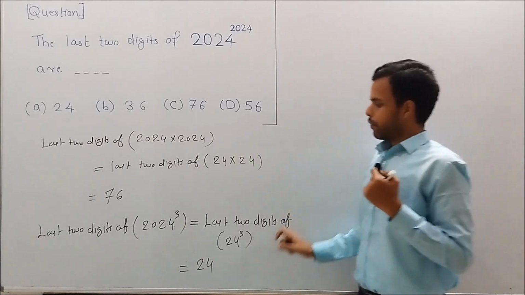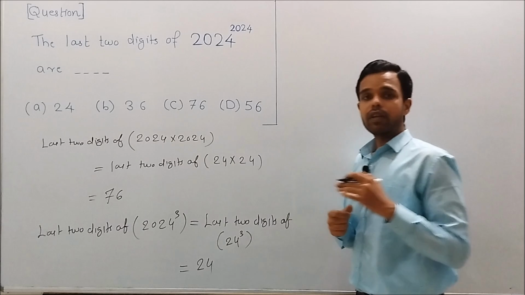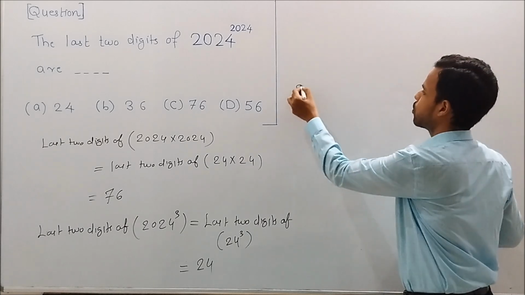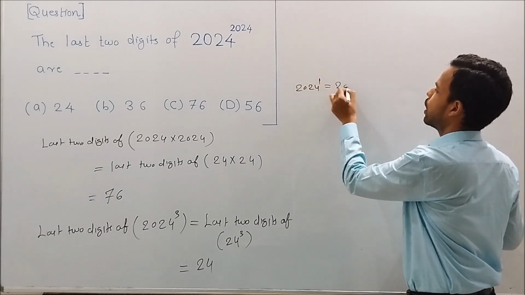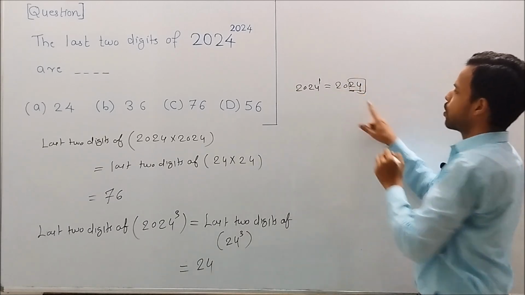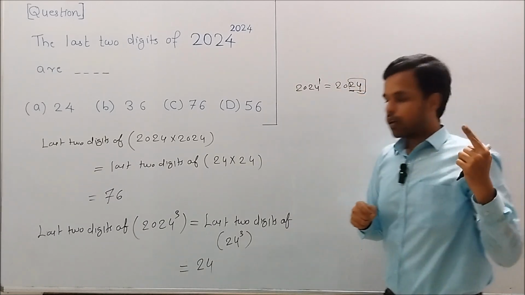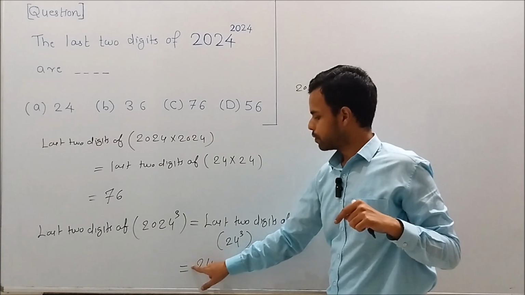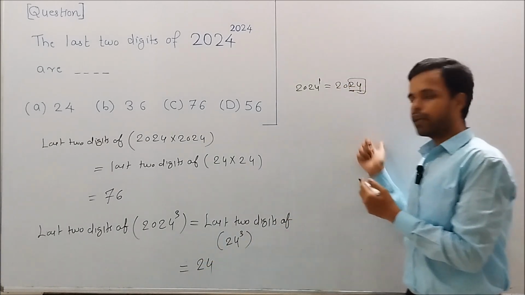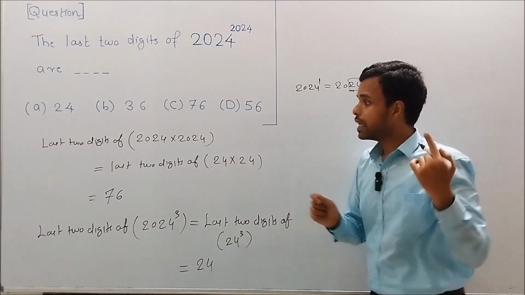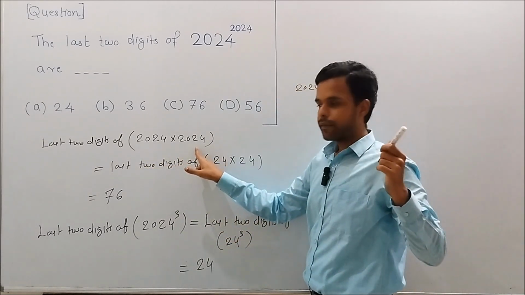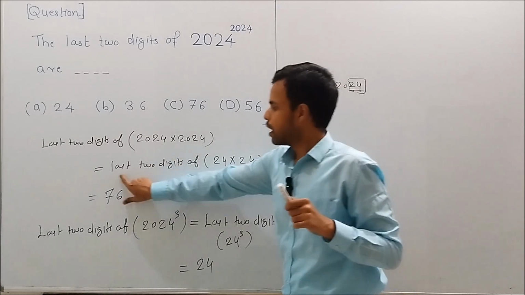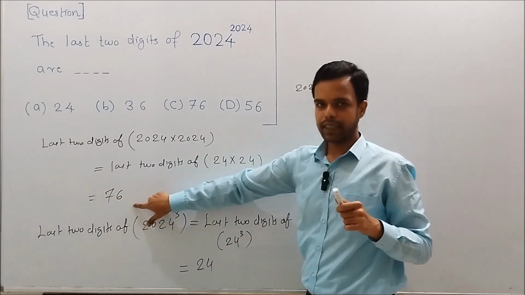So we see that whenever the power is odd, the last two digits are 24. For example, in the case of 2024 to the power 1, the last two digits are 24, and in the case of 2024 to the power 3, the last two digits are 24. And you can verify by continuing in the same fashion that whenever the power is even, like 2024 squared, the last two digits are 76.